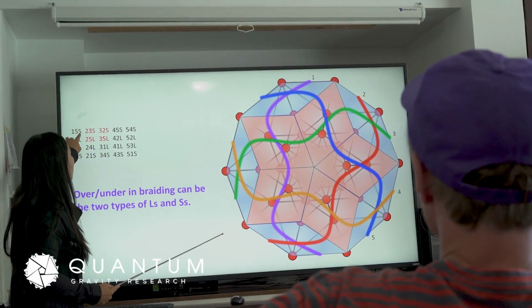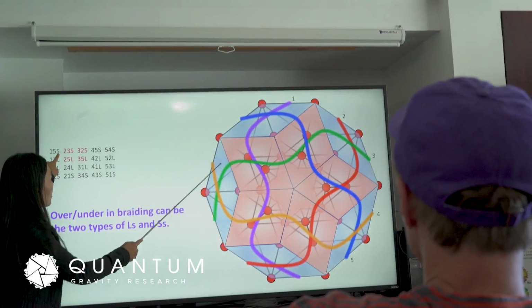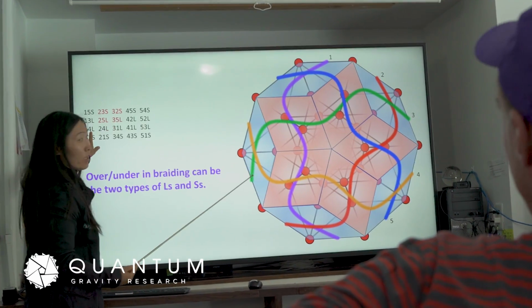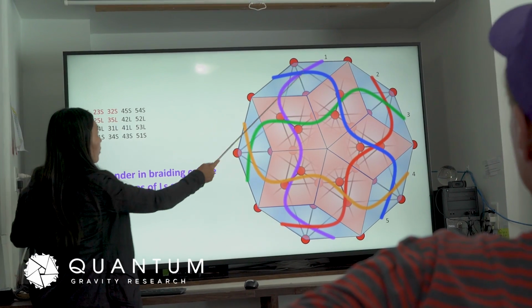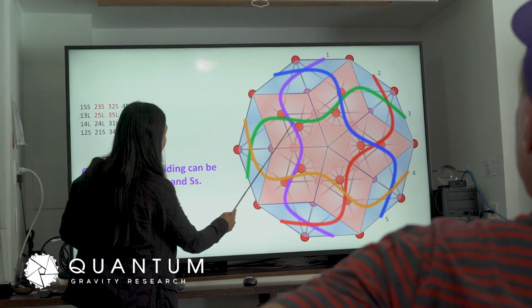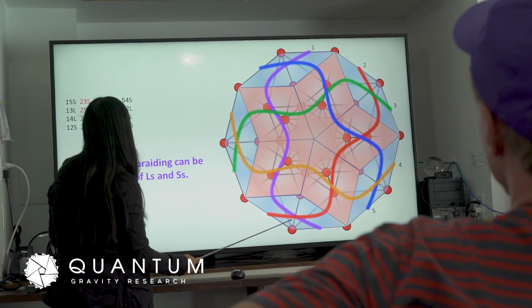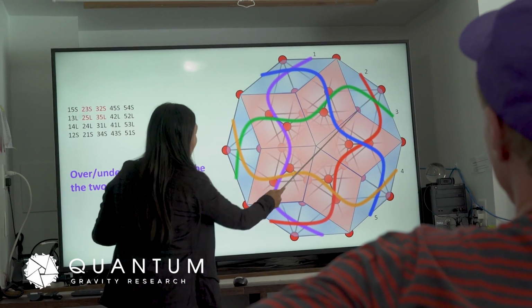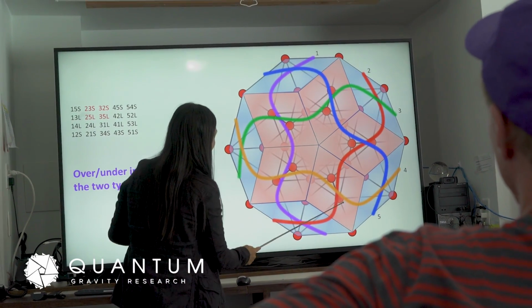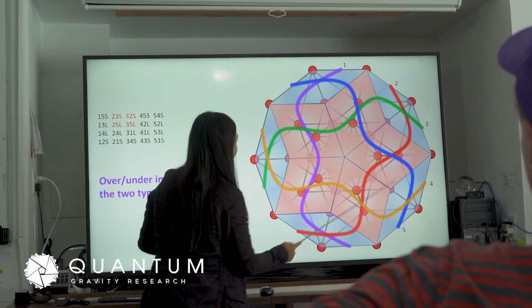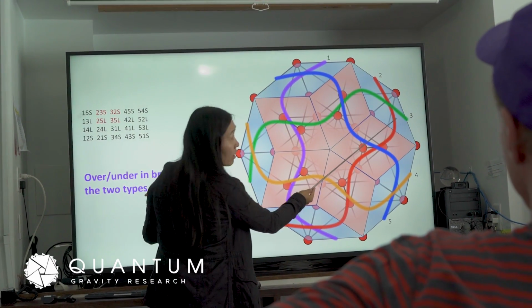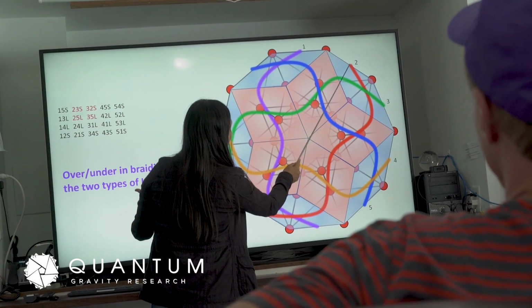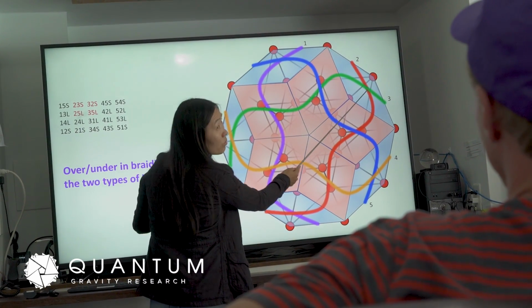Yeah. So the tile type, the small thin one, I just call it the S. And the fat one, I call it L, right? So if you follow this, it's S, L, L, S. And similarly for this red one, that's S, L, L, S. And then this S is not just any S; it is the one where 2 intersects with 3.